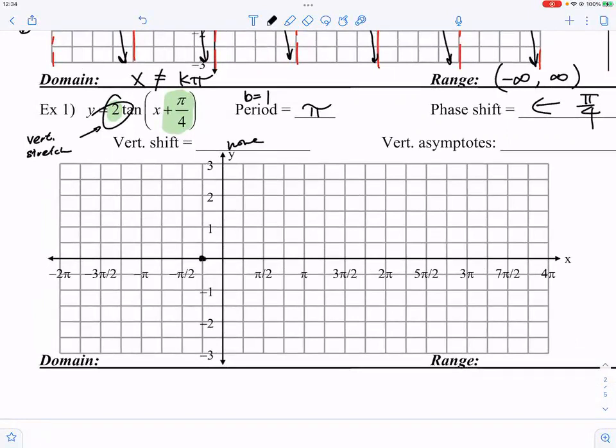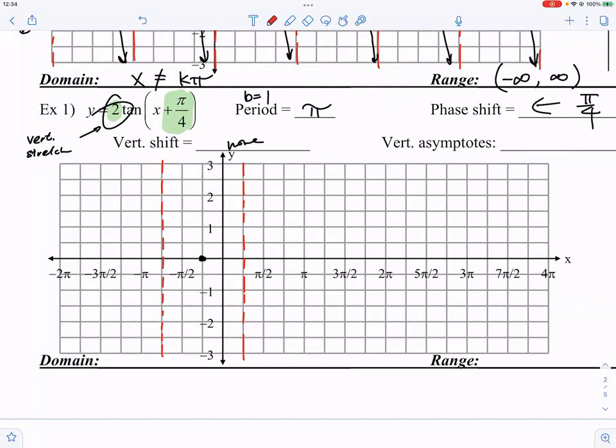So that means our midpoint is going to shift to the left pi over 4 units, and our asymptote would be shifted to the left pi over 4 units. And since the period is pi, we can draw the other vertical asymptote.